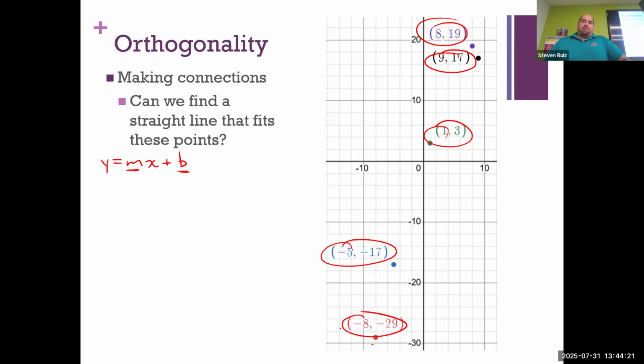Let's go from the bottom up. Negative 8, negative 29. That means negative 29 equals negative 8m plus b. It probably seems like a really backwards way of looking at the equation of a straight line, but is what I'm writing down sensible?